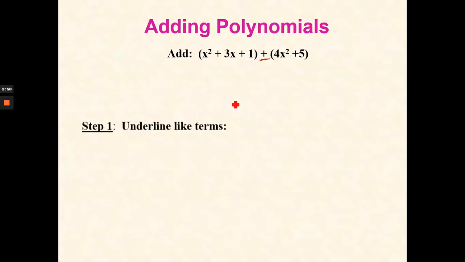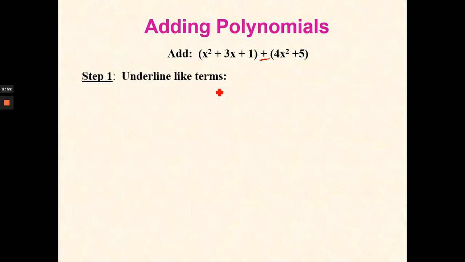So this time, let us try to add polynomials. We have here the first polynomial, x squared plus 3x plus 1, and then 4x squared plus 5. We are going to add the two polynomials. There are two ways of adding polynomials.